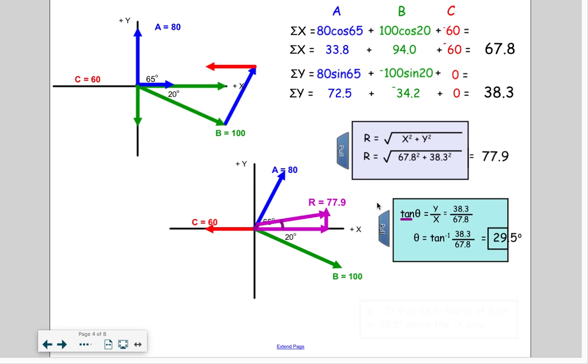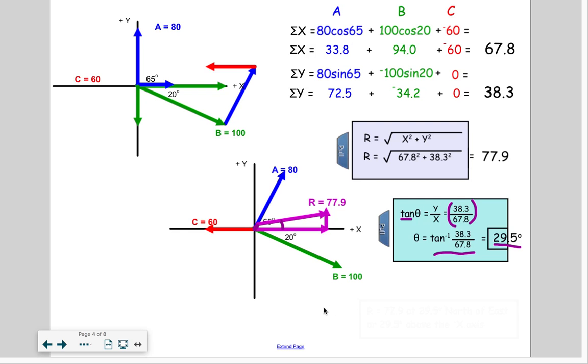In doing so, inverse tangent of tangent is going to cancel them out, leaving me just with theta. But then on this side, I would have the inverse tangent of this quantity right here, and that's what I see right there. Remember that you need to be in degree mode, otherwise this number will come out strange. It'll be small, might be negative because it'd be in radians. And so my angle comes out to 29.5 degrees.